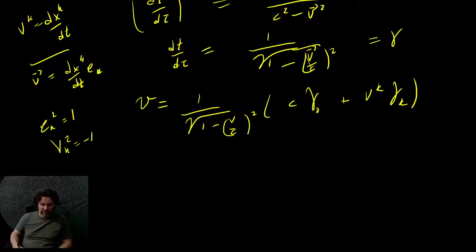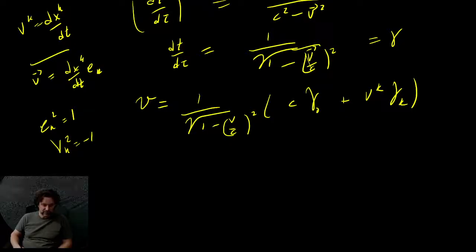To do that, let's take dot and wedge products of our proper velocity with gamma 0. So if we dot with gamma 0, these components will be killed. If we wedge with gamma 0, these components will be killed.